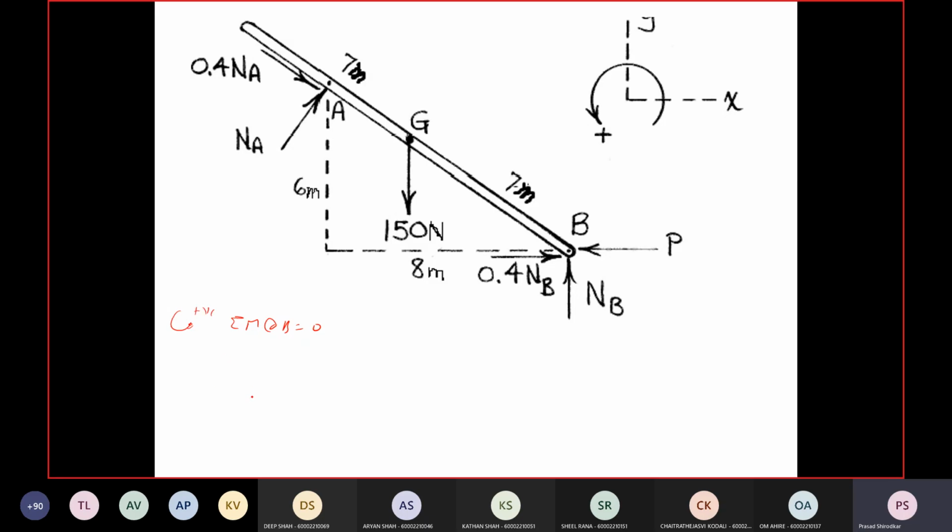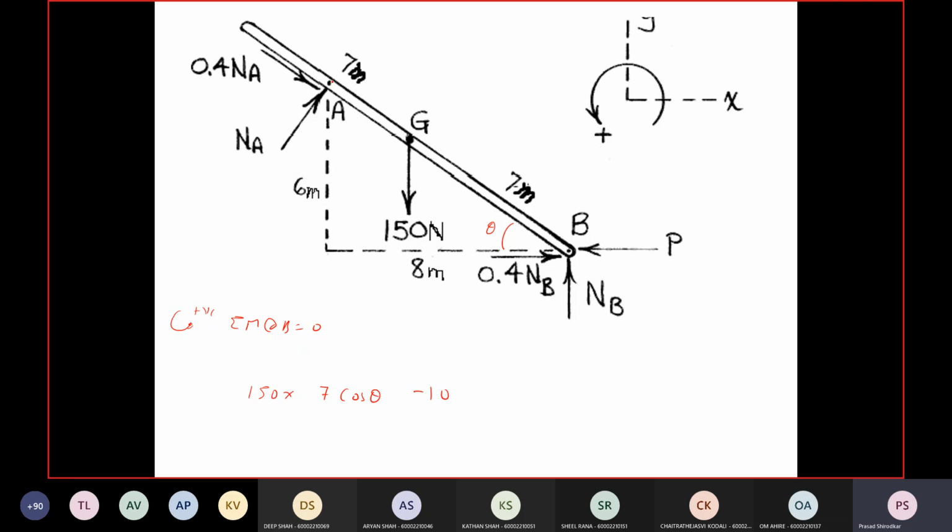So that is equal to 150 into, this angle theta, 150 into this is 7, so 7 cos theta minus 10.